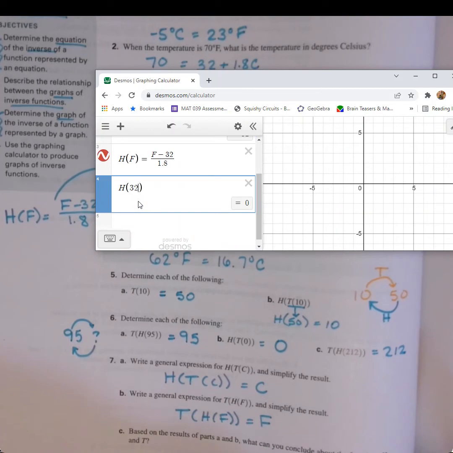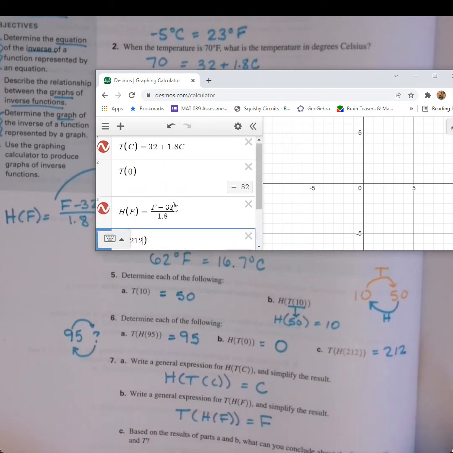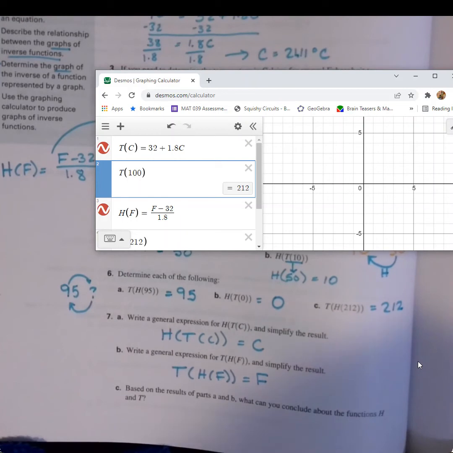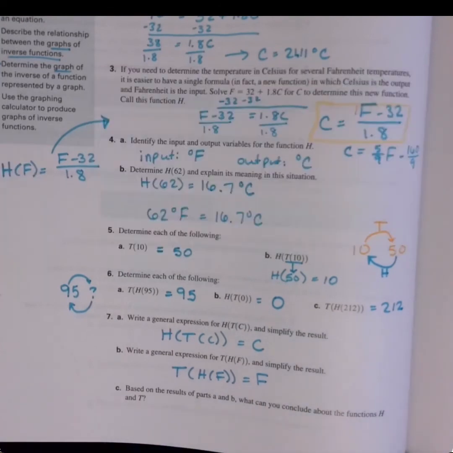I'm back to 0. And the last one, t of h of 212. 212 goes into the inner function h. I get 100. And when 100 goes into the outer function t, I get back to my 212. So I do get the input back out when I compose the function with its inverse. Okay, so we double checked that there.